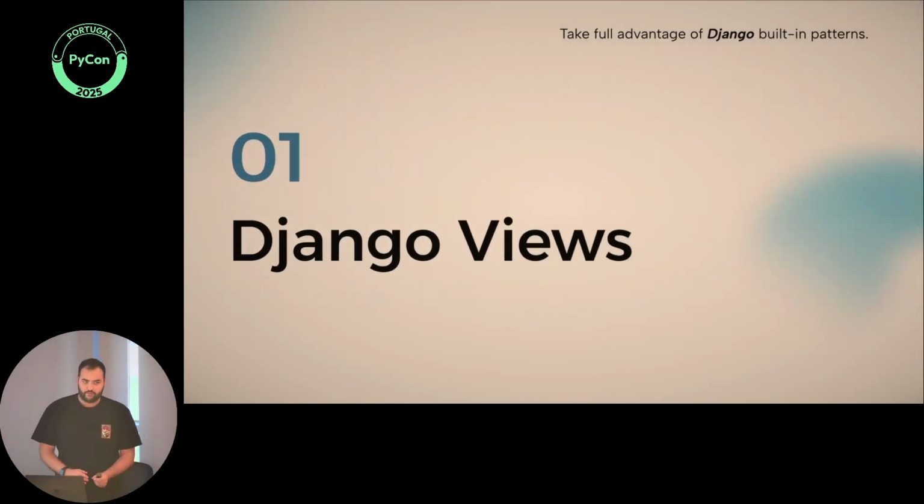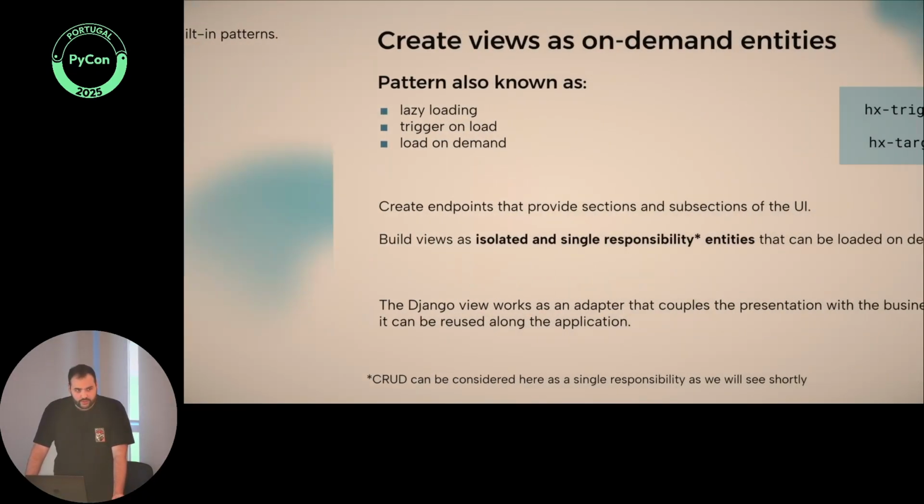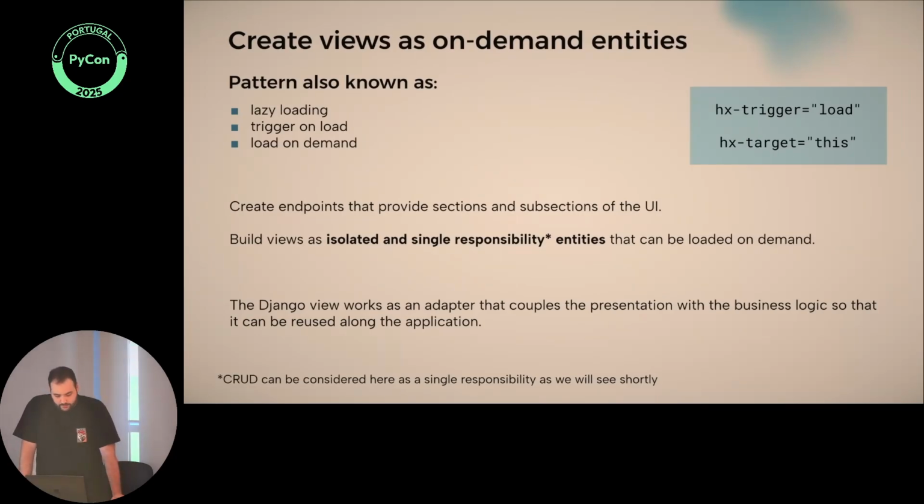So we're going to take a tour through the main sections of a Django app, first with views. A good way to architect a Django app, or in this case views, using this approach is to use a pattern known as lazy loading or trigger on load, where you trigger a part of the page when it loads from a unique endpoint.